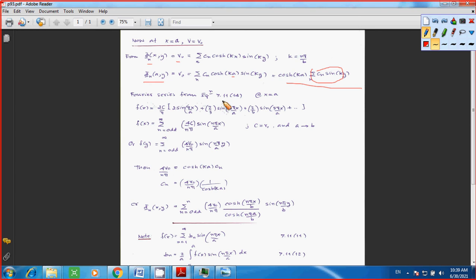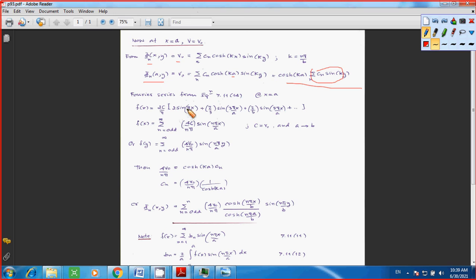And from equation 7.11.14 at a, your f(x) equal to these expressions, or f(x) equal to the sum over n odd number to infinity. You can see that this is the half-range, odd number only, like n.